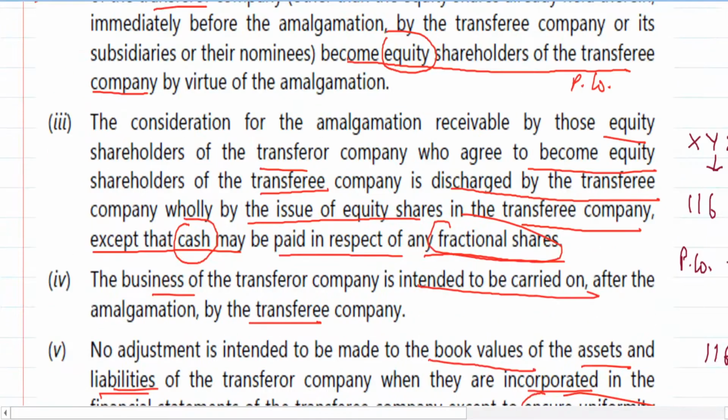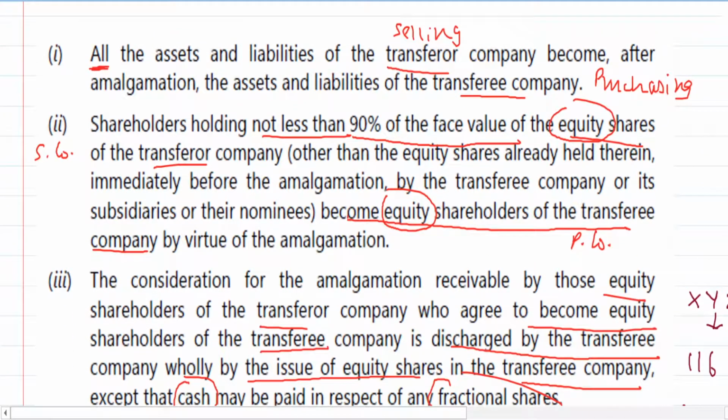Comfortable? So very quickly again, two types of amalgamations are recognized in accounting standard 14: amalgamation in the nature of merger, and amalgamation in the nature of purchase. Fulfill all five conditions, it will become amalgamation in the nature of merger. Any one condition not fulfilled, it becomes amalgamation in the nature of purchase.